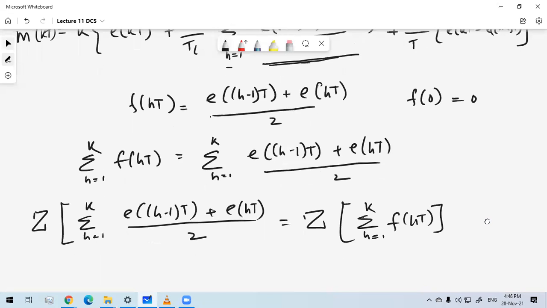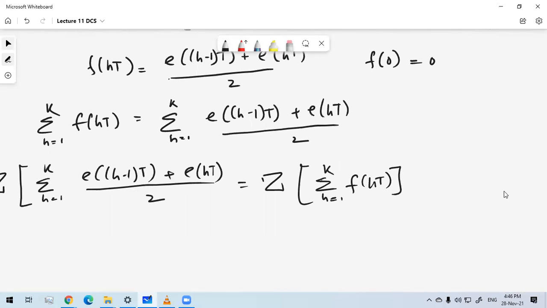We can already see that the summation of this one we have already seen in chapter 2, specifically example A24. That summation was from h equal to 0 to k. So the first parameter is not present here, which is why you have to subtract that first parameter from the solution as well. Eventually it was figured out that the solution was 1 by 1 minus z inverse.